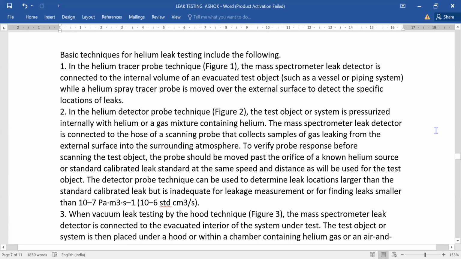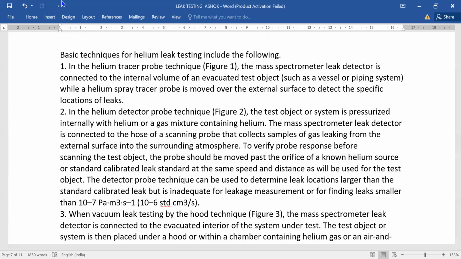The mass spectrometer leak detector is connected to a hose scanning probe that collects a sample of gas leaking from the external surface into the surrounding atmosphere. So this is called sniffer probe. Now it is about 10 to the power minus 7 Pa m³/s to 10 to the power minus 6 standard cm³/s. Finding leaks 10 to the power minus 7, 10 to the power minus 6.